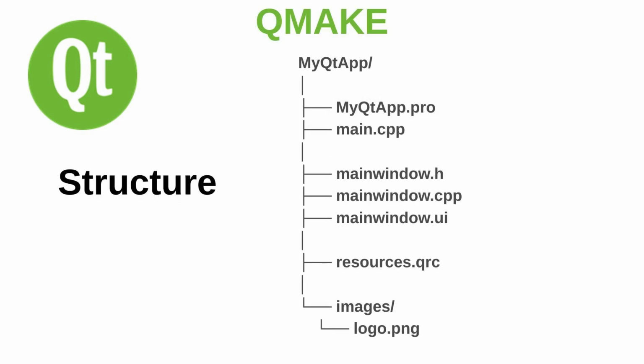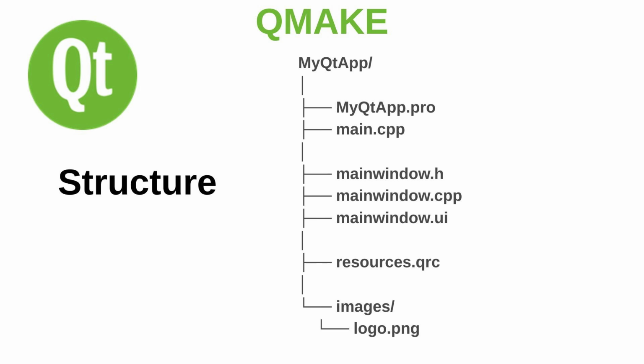What is QMake? QMake is the traditional build system created specifically for Qt to simplify the process of building Qt applications by automating compilation, linking, and project configuration. It works by using a simple project file format, .pro files, where developers describe their application such as which source files to compile, which Qt modules to use, like core, GUI, or widgets, and any additional settings like include paths or libraries.